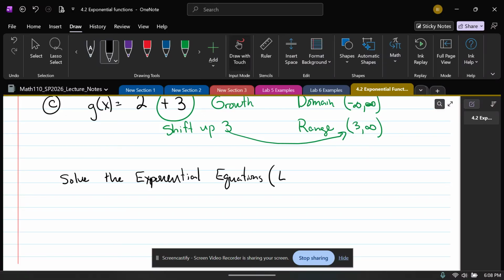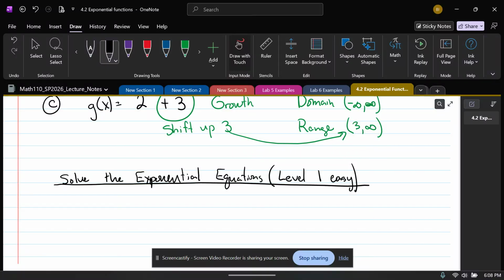And I'll put on here, this is level 1 easy. Okay. We'll get to some in this chapter that are not level 1 easy. They're going to be a little bit more difficult. But level 1 easy, these are not hard to do. Okay, so we're going to solve the exponential equations.